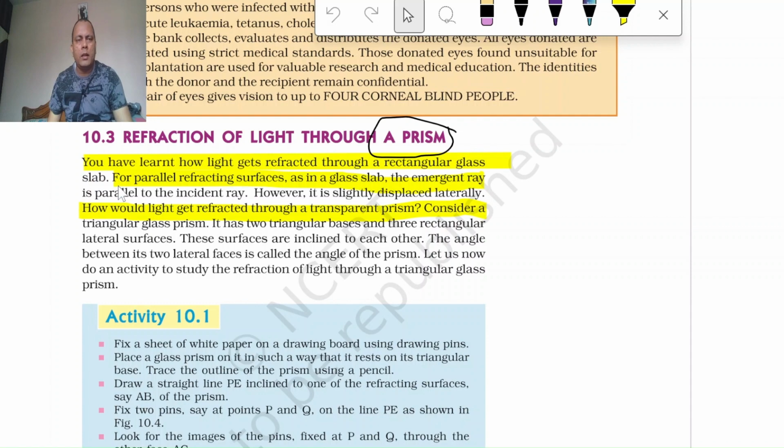You have learned how the light gets refracted through the rectangular glass slab, with parallel refracting surfaces, when the ray comes from air and enters the glass.